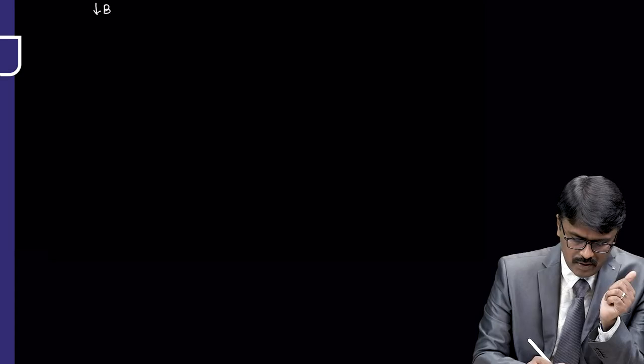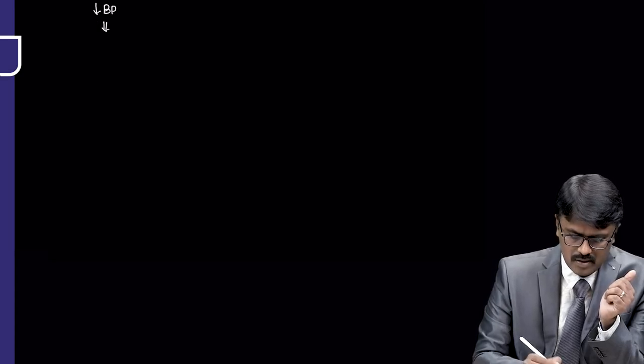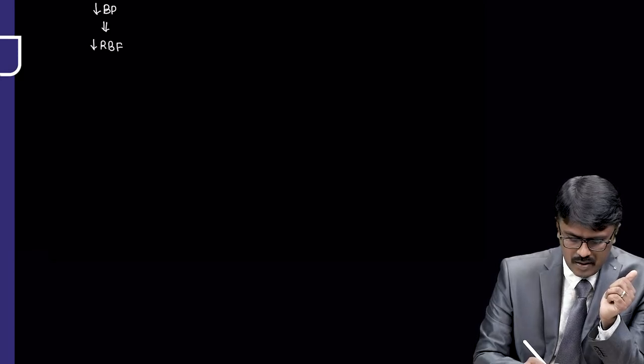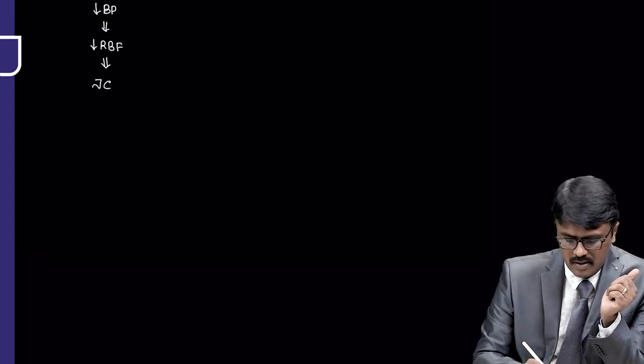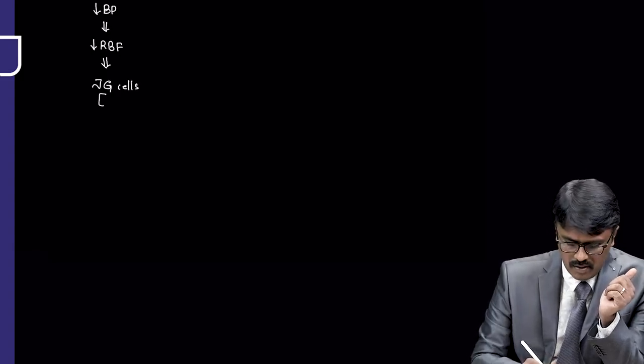Now let us write here what happens when the BP falls. Whenever the BP falls, there is a decrease in renal blood flow. When the renal blood flow decreases, there are cells called JG cells. They will detect that, and there is a receptor on them called beta 1.